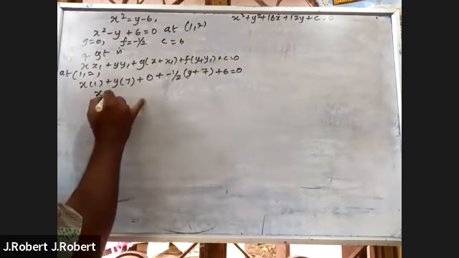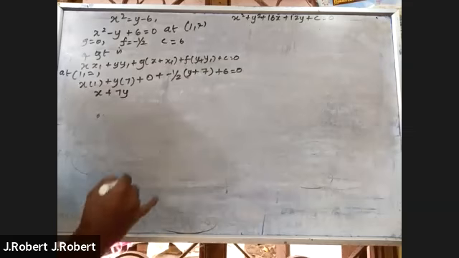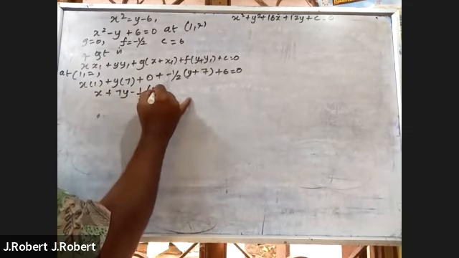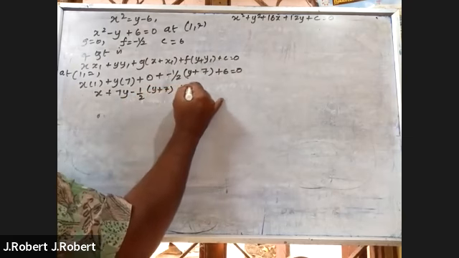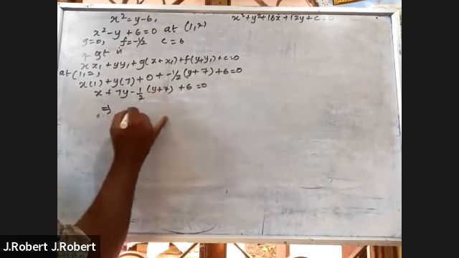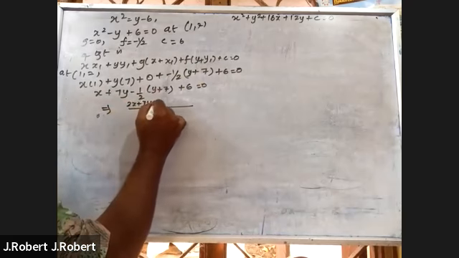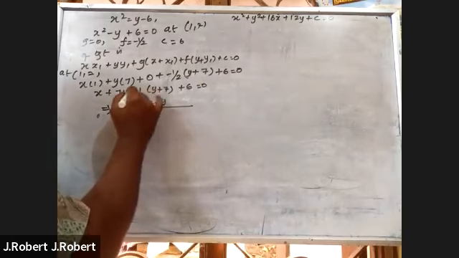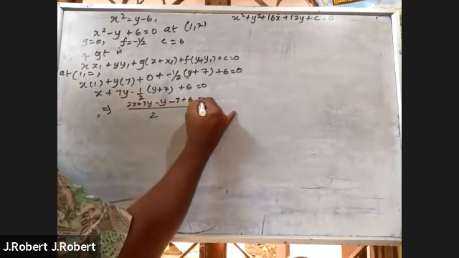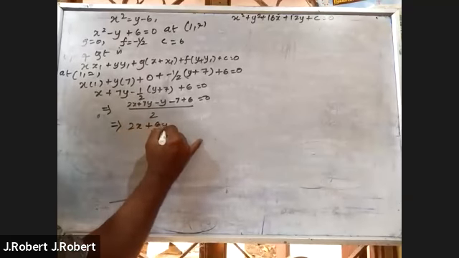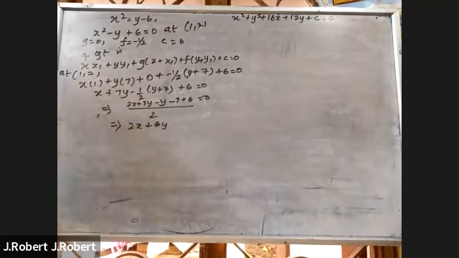Now you can write this as x plus 7y minus 1/2 into y plus 7 plus 6 equal to 0. Take LCM, we have 2. Cross multiply: 2x plus 7y minus y minus 7 plus 6 equal to 0. This implies 2x plus 6y. Correct? 2x plus 6y.